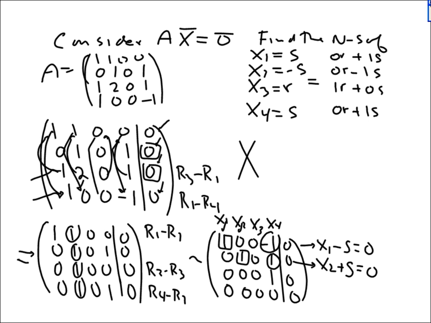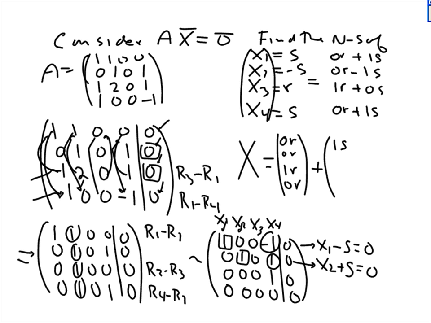That is big X. X1, X2, X3, X4 you can think of as 0R, 0R, 1R, 0R, plus now the S's. 1S, negative 1S, 0 S's, and 1S.